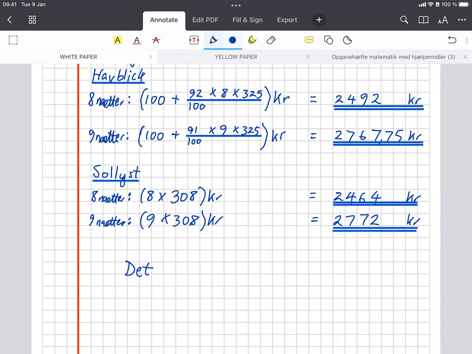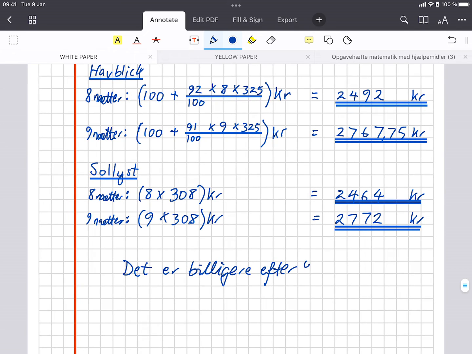Billigere, after nine, or not after, but from the 9th night.